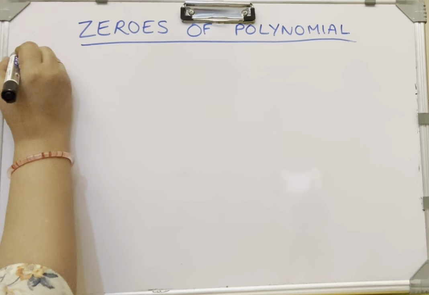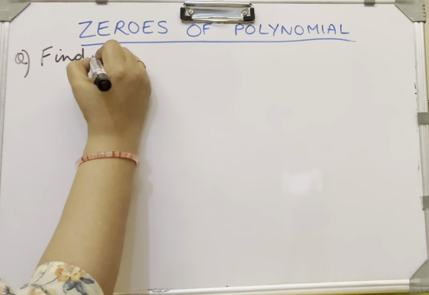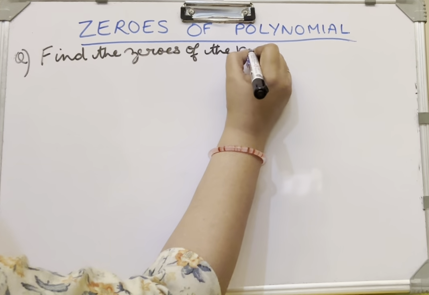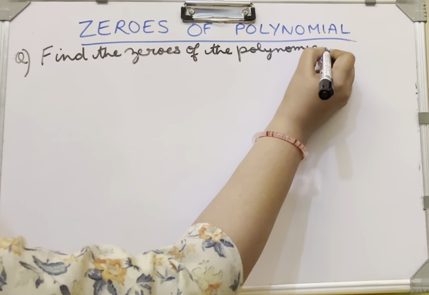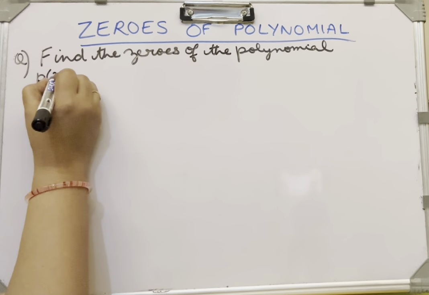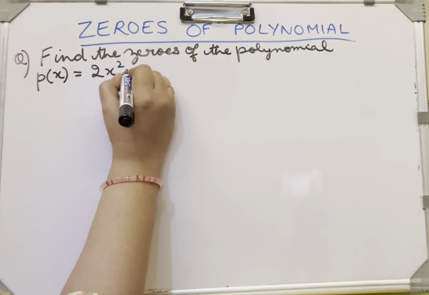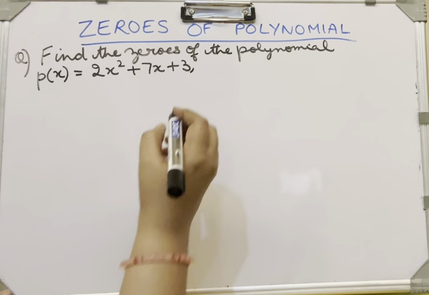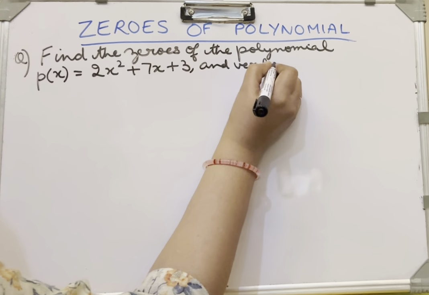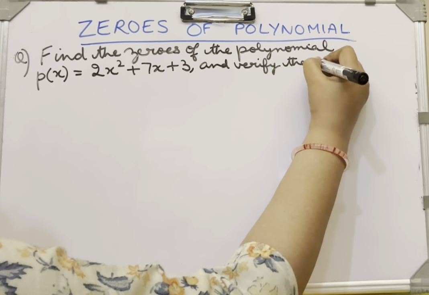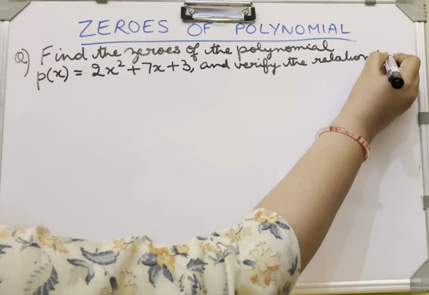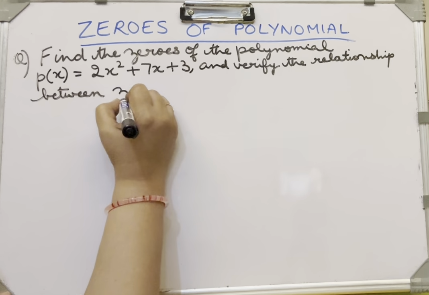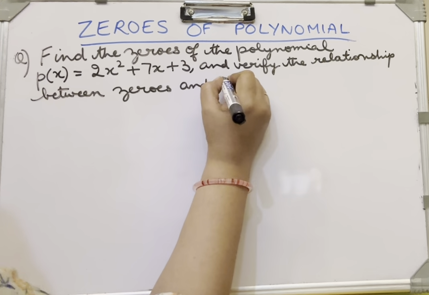Find the zeros of the polynomial p(x) is equal to 2x square plus 7x plus 3, and verify the relationship between zeros and coefficients.